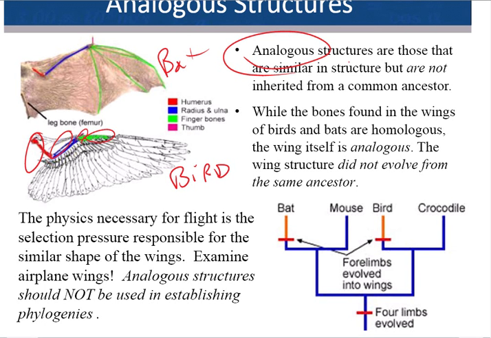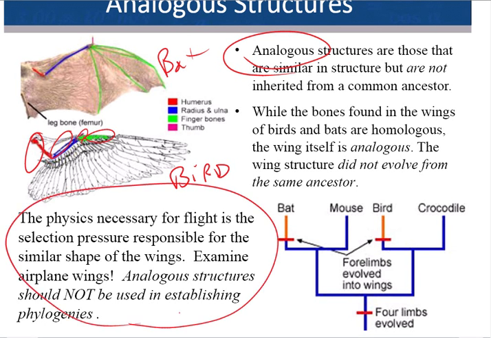So how do you think that happens? How did it work out that birds and bats have these analogous structures, structures that are similar, without inheriting the DNA to control them from the same ancestor? How did it come about that they should have such similar structures? Got an answer? The answer is right here on the left.